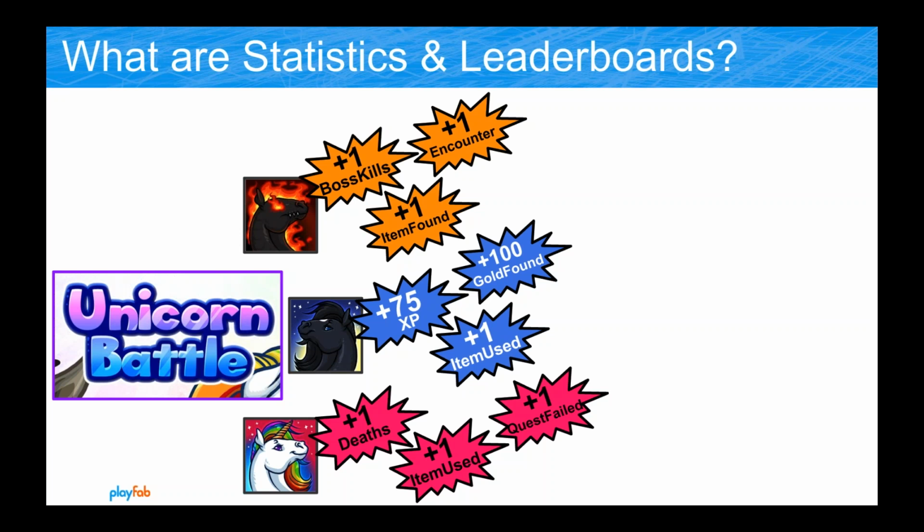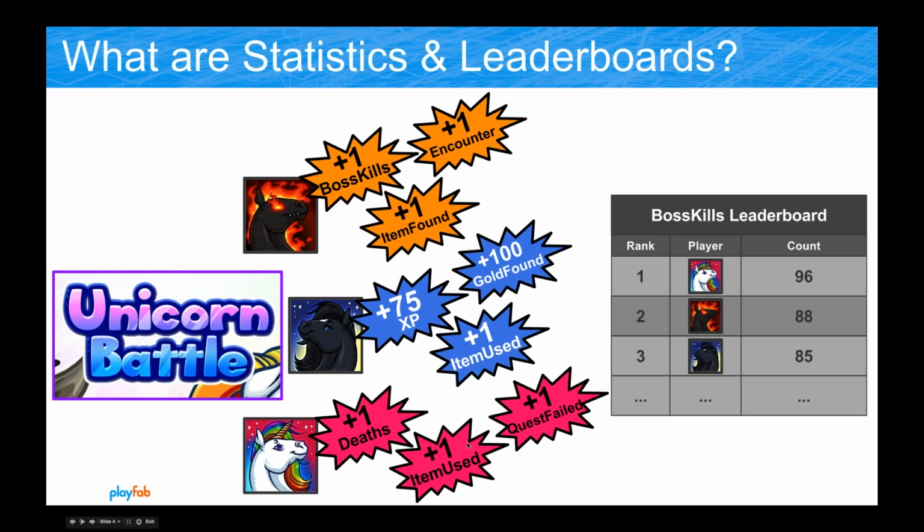Then at a later point in time, you can retrieve these stats in the form of a leaderboard, which shows you the rank of the players in that stat category. Here I'm showing boss kills, but all of those stats listed in the callouts, items found, encounters, XP, etc., all have their own leaderboard. So you can see who's found the most gold, who's died the most times, who's found the most items, whatever you're tracking. You can quickly pull up an all-up list to see where your players rank in that particular category.